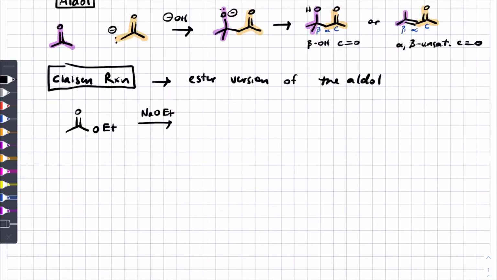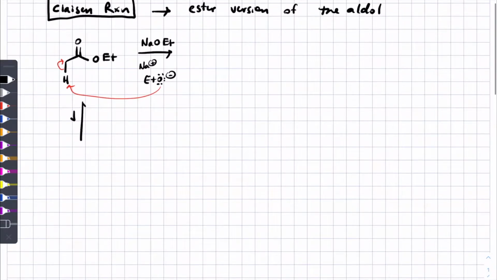sodium ethoxide, which is just sodium ion and the ethoxide ion, we're going to form a small amount of enolate, because the pKa for the ester alpha proton is so much higher than that of ethanol.